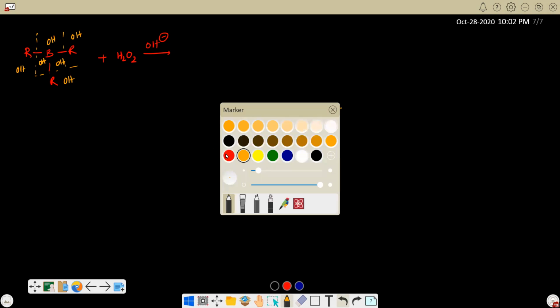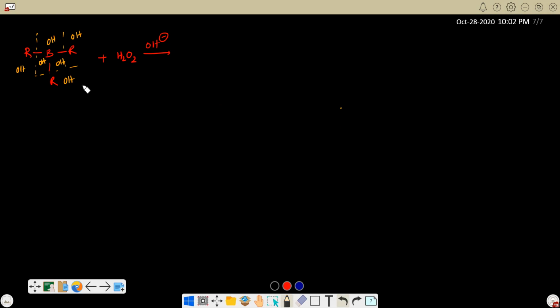So finally, we get B(OH)3 and 3 moles of alcohol, 3 ROH, where the boron was attached, that place is substituted by OH. What is R? In the place of R we substitute CH3, H, and CH2OH.